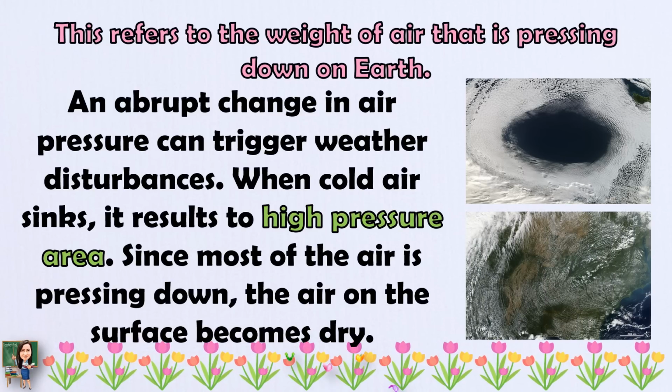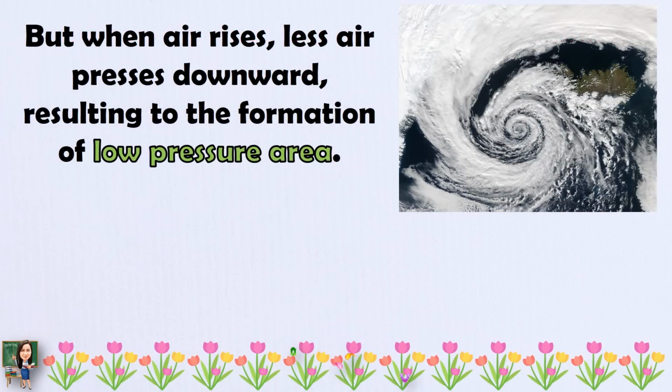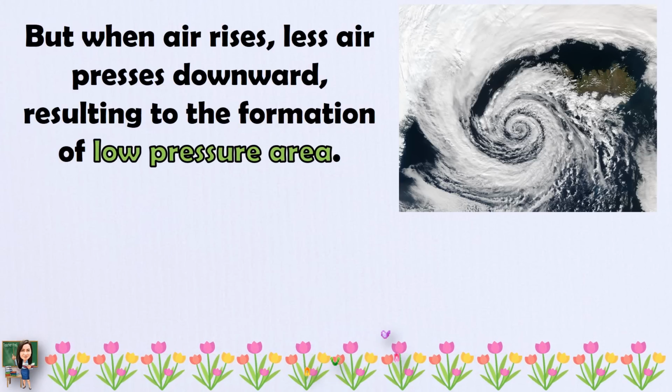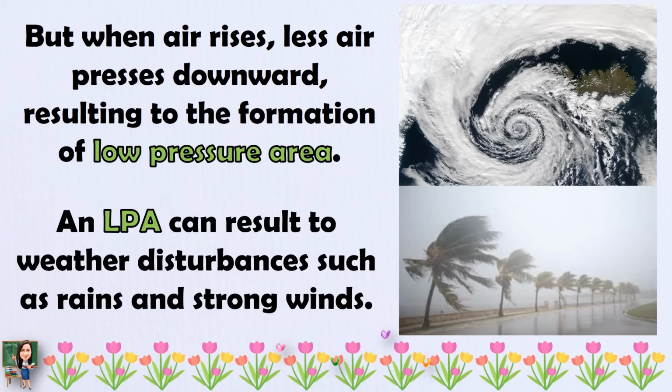Since most of the air is pressing down, the air on the surface becomes dry. But when air rises, less air presses downward, resulting in the formation of a low-pressure area. An LPA or low-pressure area can result in weather disturbances such as rains and strong winds.